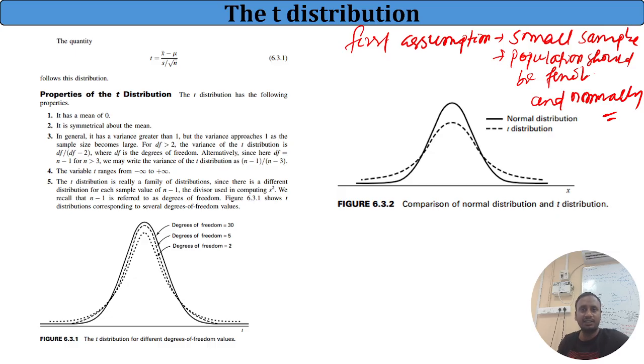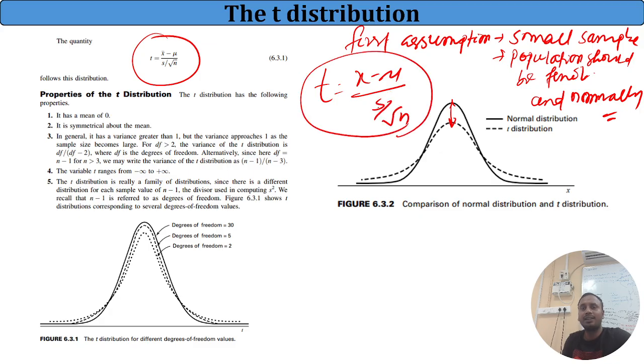The t-test actually follows the t distribution, named after the scientist who kept it like this. It follows the normal distribution, but there is some difference in intensity. So the t statistic will be x bar minus mu divided by s upon root n.